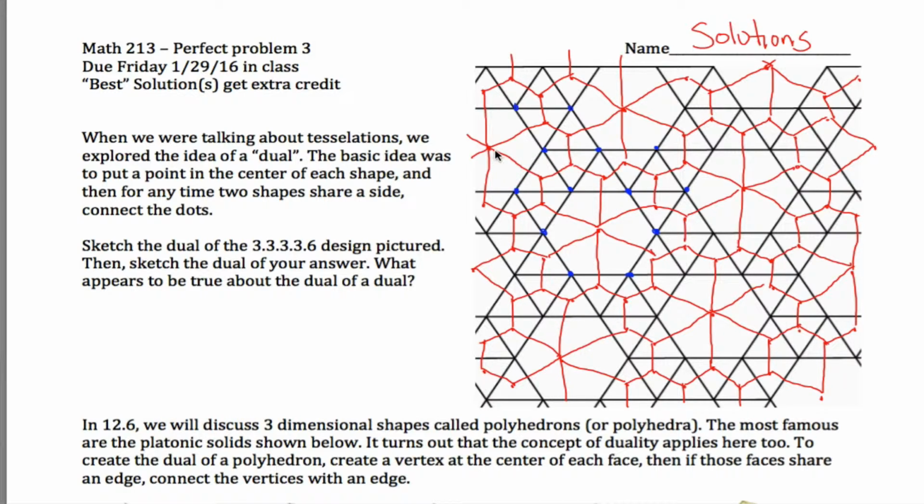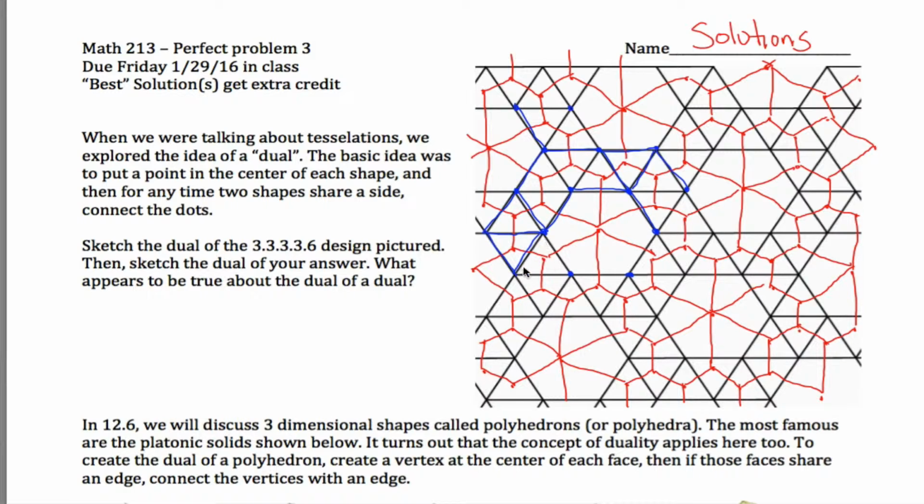Because the faces that define them, this face and this face, share this edge. So I should connect them. But wait a minute. What's going on here looks like I'm just ending up with the exact same pattern that I already had. Right? All I'm doing is putting lines where there are already lines in black. I'm just tracing the black with blue, essentially.